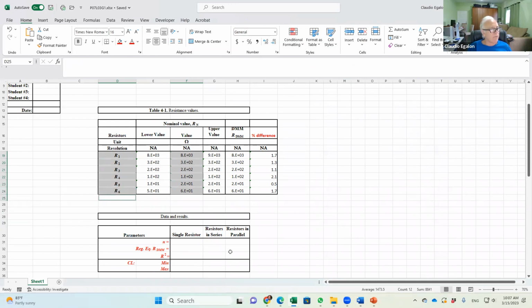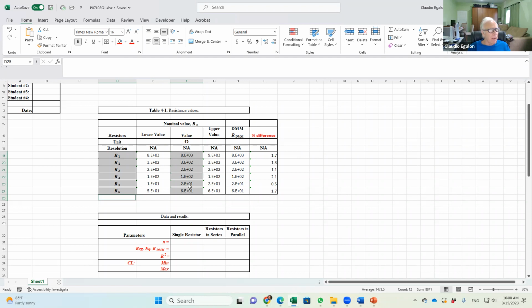That's exactly what you have in there. The resistors had some color codes. The students who got those resistors looked at the color code and wrote down the corresponding value.